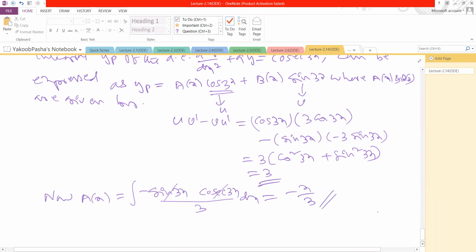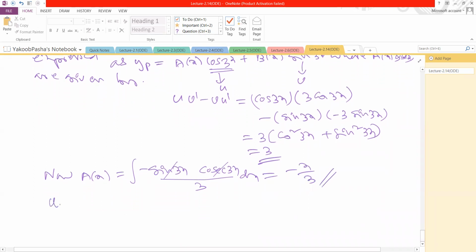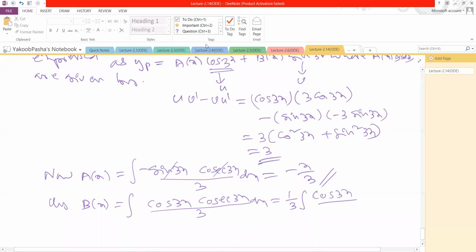So B of x value. Similarly, B of x is equal to the formula, integration of U R. U is equal to cos 3x, R is equal to cosec 3x, denominator 3, dx. This is equal to 1 by 3 integration of cos 3x divided by cosec 3x, which goes to the numerator, so it becomes sin 3x, into dx.